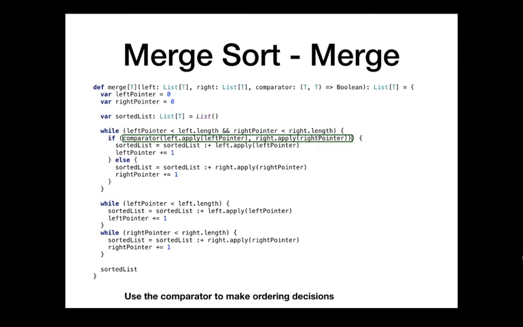And this is the only place where we actually use our comparator. There's only one place in our code where we actually call that comparator to figure out the order between left and right, and that is right here while we're merging two lists.